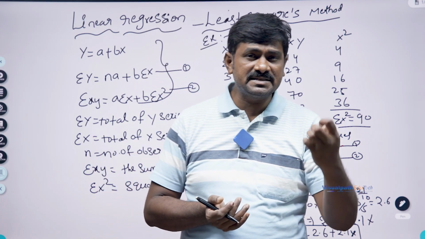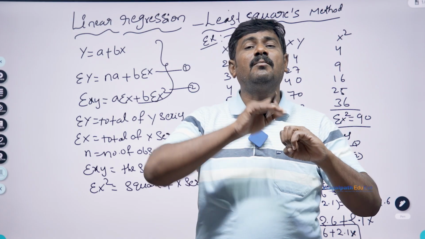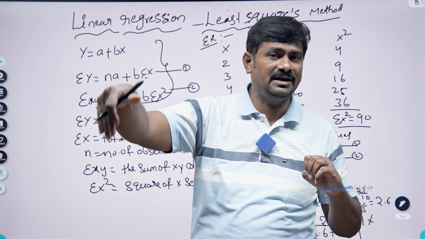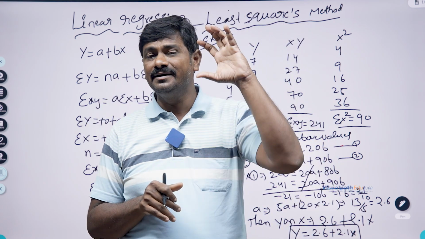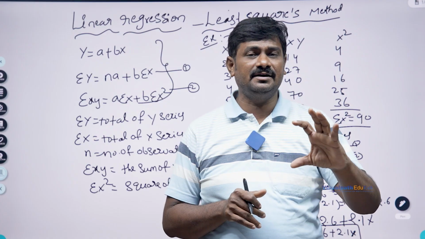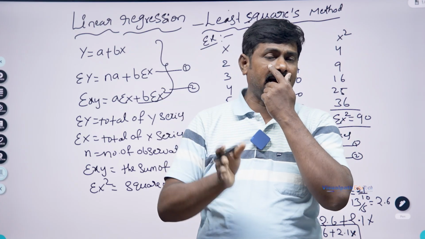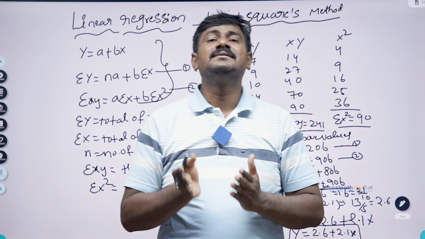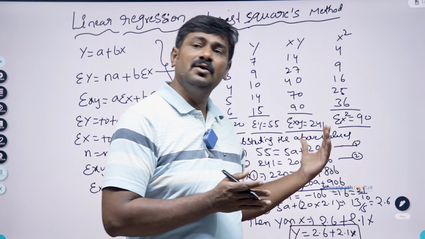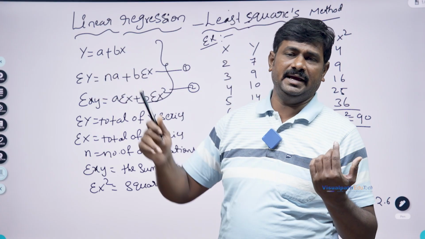So we can represent the relationship between the variables in the form of equations, in the form of straight line equations, which is nothing but regression. When we get regression equations which form straight lines, that is nothing but linear regression. Here we have the formula y equals a plus bx.